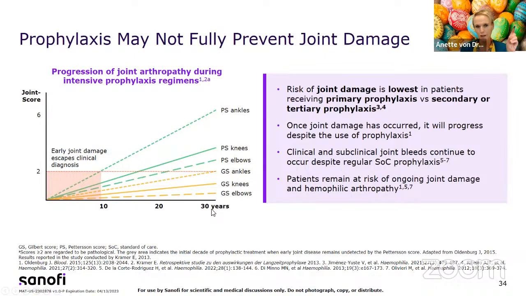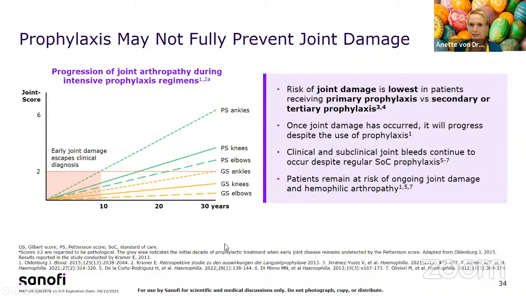So we talk about not very modern prophylaxis, but just prophylaxis, that it's like a self-fulfilling prophecy here that early, let's say below age 10 or so, there is very little in terms of joint damage. But then even on prophylaxis, it becomes a self-fulfilling prophecy. So these are Pedersen scores for ankles once patients age, for knees and for elbows, and they become pathologic because everything that's above 2 here is considered pathologic. And below are Gilbert scores that we really don't use anymore. We now use hemophilia joint health scores.